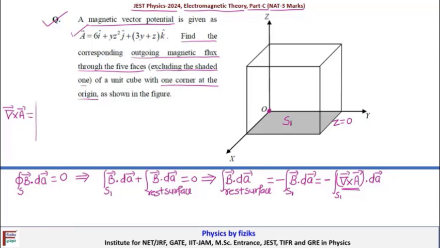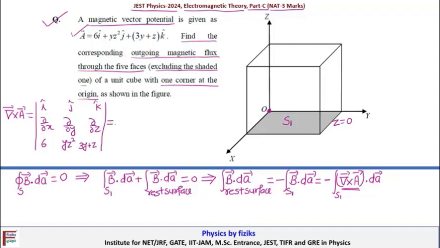We know how to calculate curl in Cartesian coordinates. So this is i cap, j cap, k cap, then del by del x, del by del y, del by del z. The i cap component is 6 here, this is y z squared, and this will be 3y plus z.